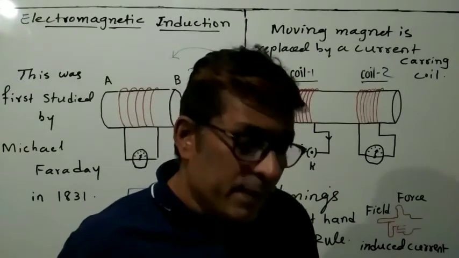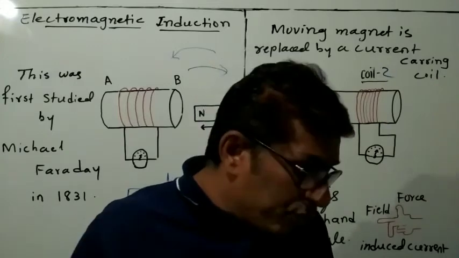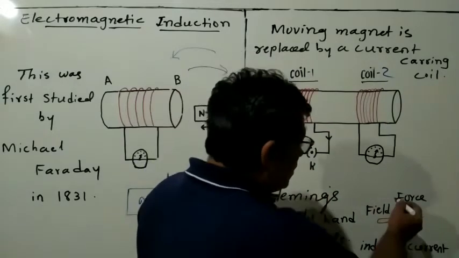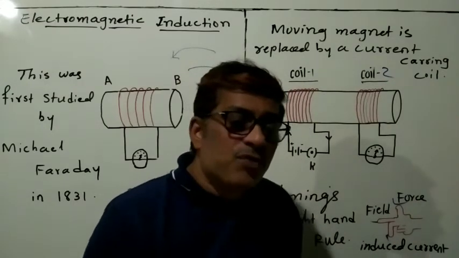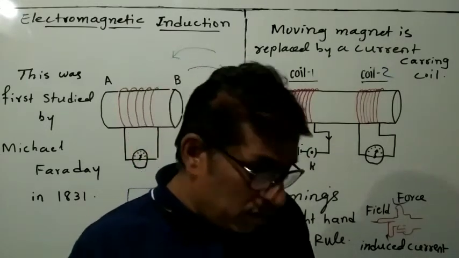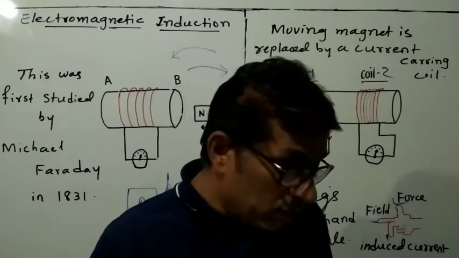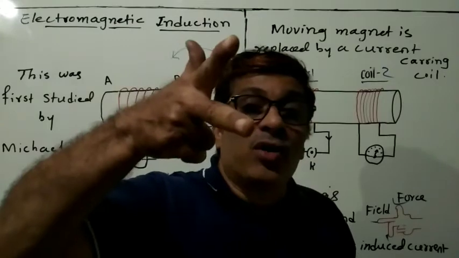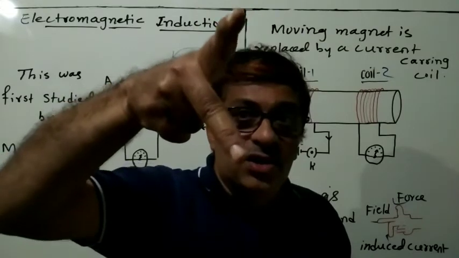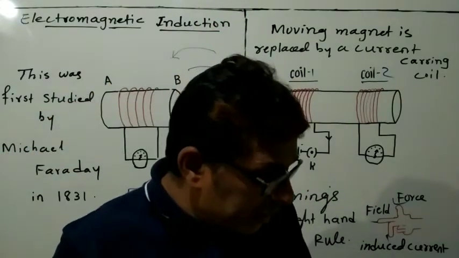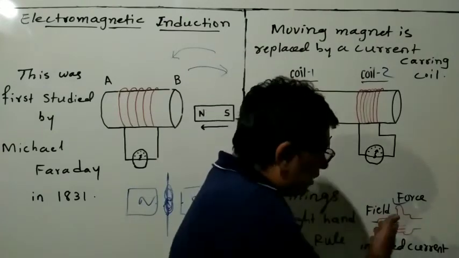Stretch the thumb, forefinger, and middle finger so that they are perpendicular to each other, as shown in the figure, like this.